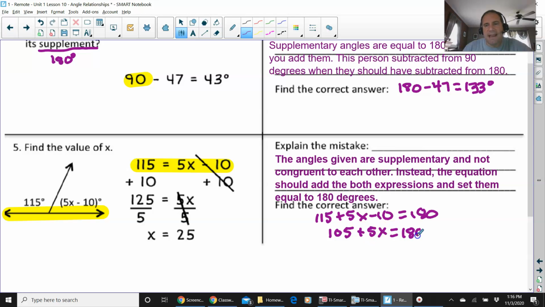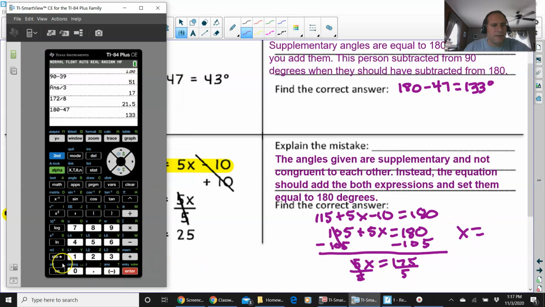Now you have to use inverse operations because you're moving this 105 to the other side of the equal sign. So you have 5x equals 175, and then you divide by 5 on both sides. 175 divided by 5 is 35, and that is your answer.